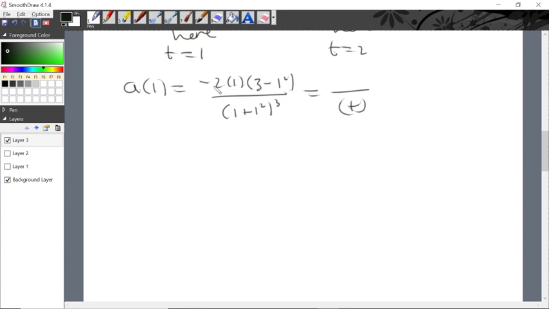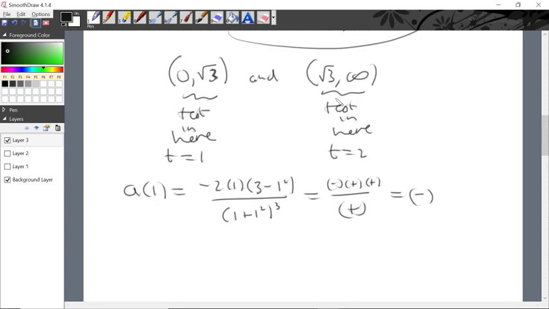The numerator is a negative times a positive, and 3 minus 1 is positive. So we get negative divided by positive, which is negative. All right, so we have a of t is less than 0 on the interval that we just tested.